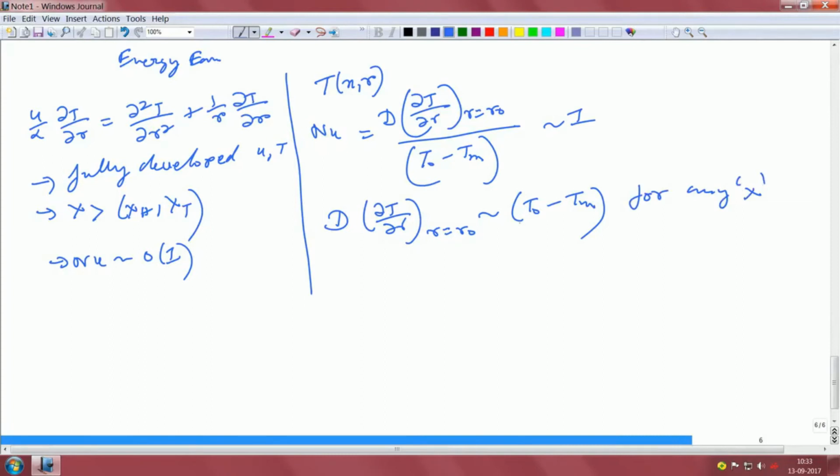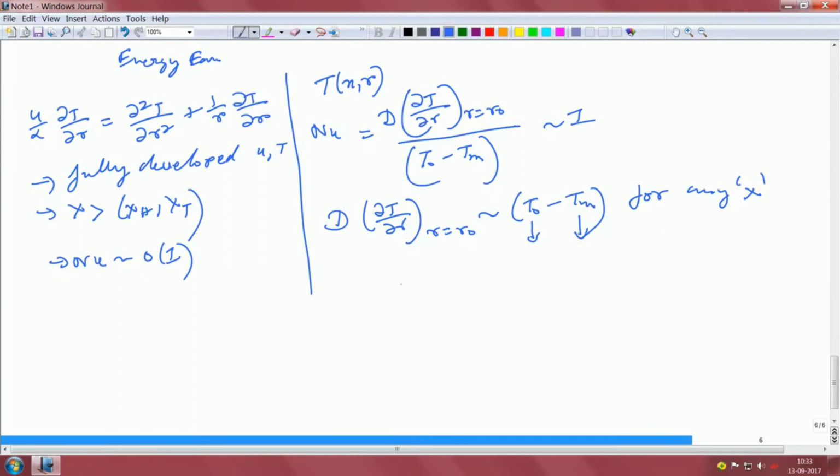Remember that T naught and Tm both can be functions of x only, because the wall temperature and the mean temperature both are functions of x, because for the mean temperature, by definition, you have removed the variation with respect to r. So for any particular x this relationship is valid.